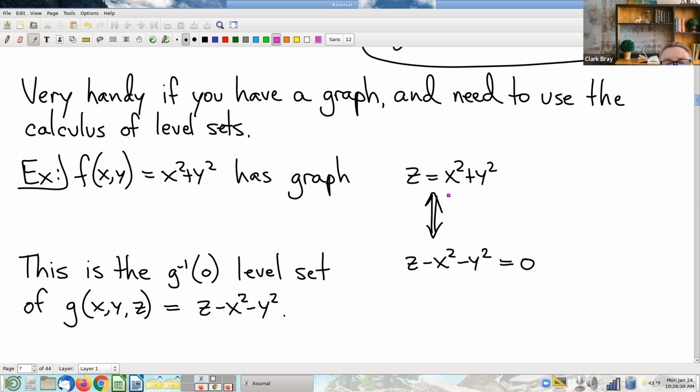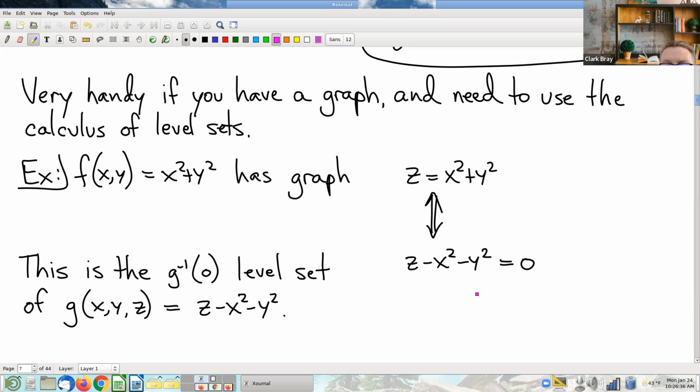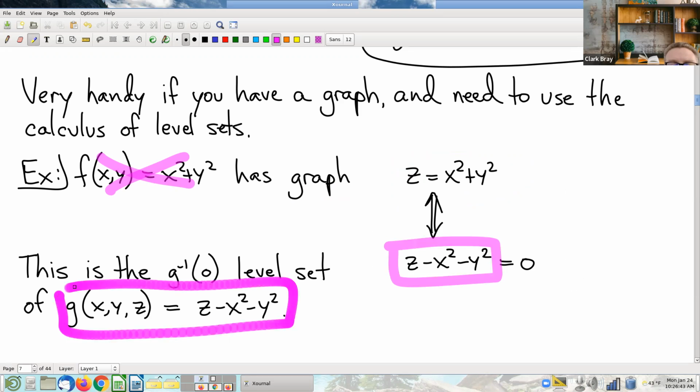This little innocent algebra doesn't look like anything significant actually happened. But having done so, I can say phooey on this function. Let's look at that function right there. This G function is a function of 3 variables. It's got X's, Y's, and Z's in it. And I am looking at a level set of that G function. So I can use the calculus of level sets.